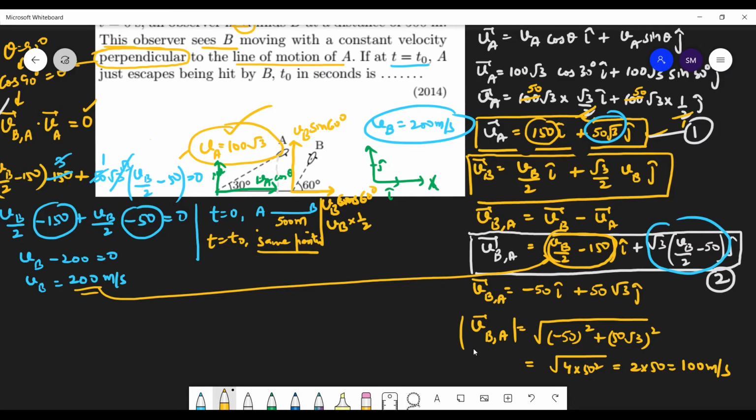The relative velocity is 100 meter per second. Now the time taken to travel a relative distance of 500 meters, because this distance is the distance between them. So that's the relative distance.